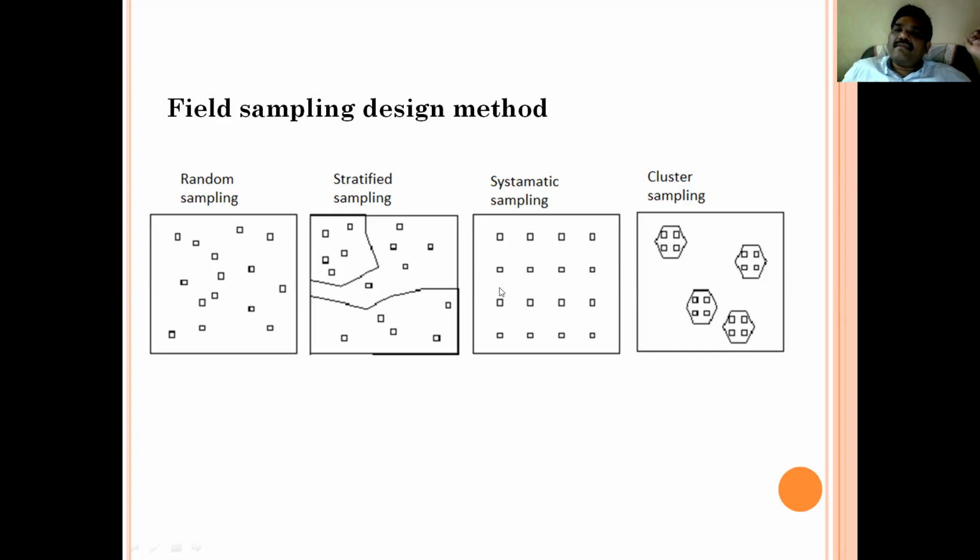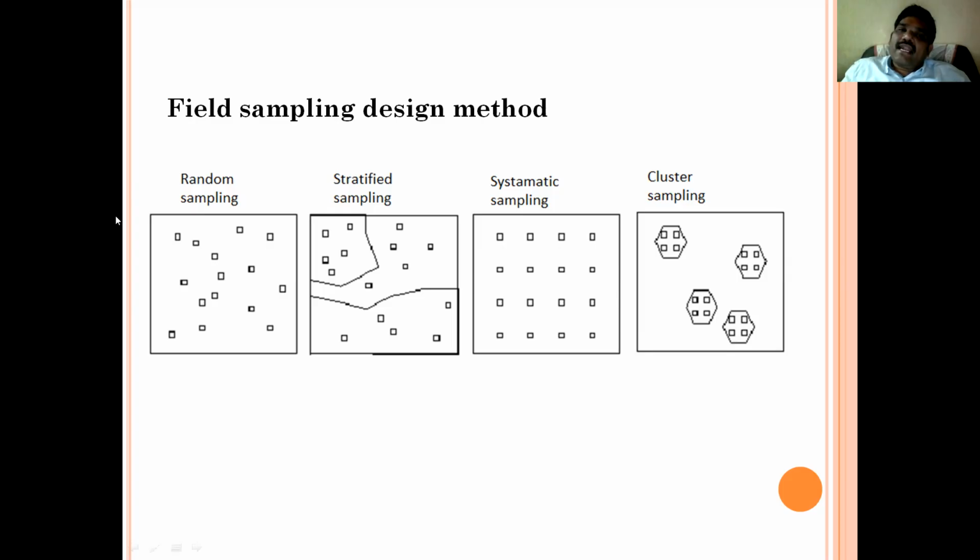Systematic sampling. Here, the entire area has been divided into equal grids. And here also you may get an accurate result. Clustering sample. You have taken 4 areas. In every area you have taken a number of samples, restricted clusters.